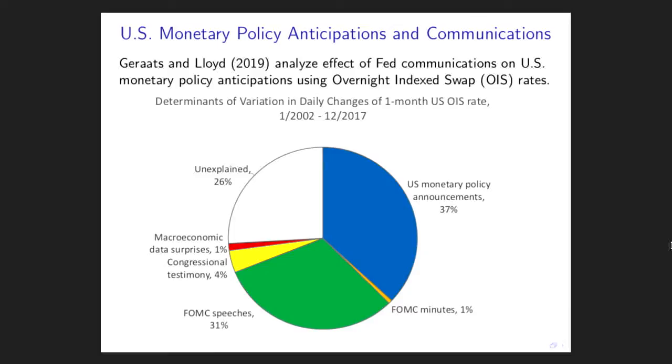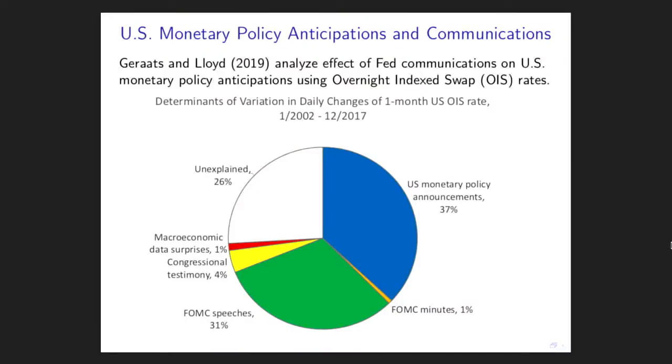And so here, for instance, we look at daily changes in the 1-month US OIS rate for about 16 years. And what we do is we look at how the change can be explained by monetary policy announcements and other communications, by running a regression and putting indicator variables for these communications in. We also control for macroeconomic data surprises.